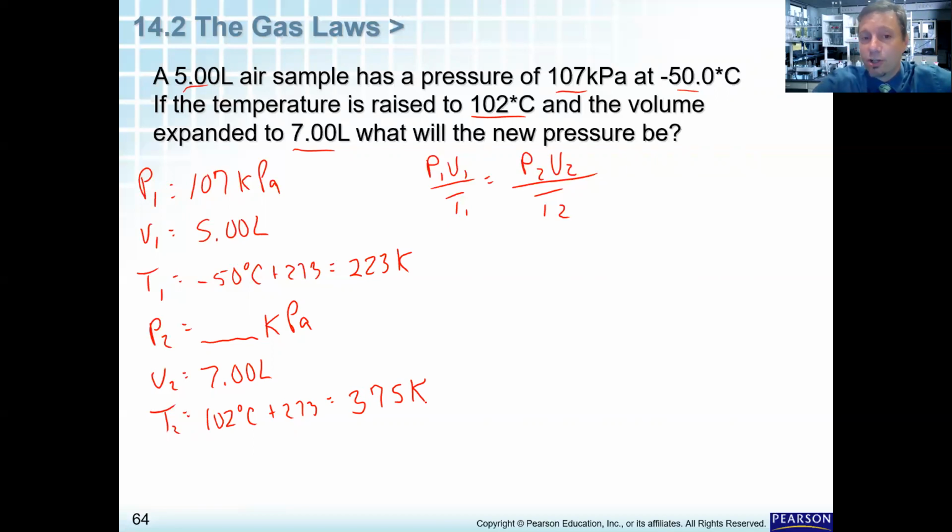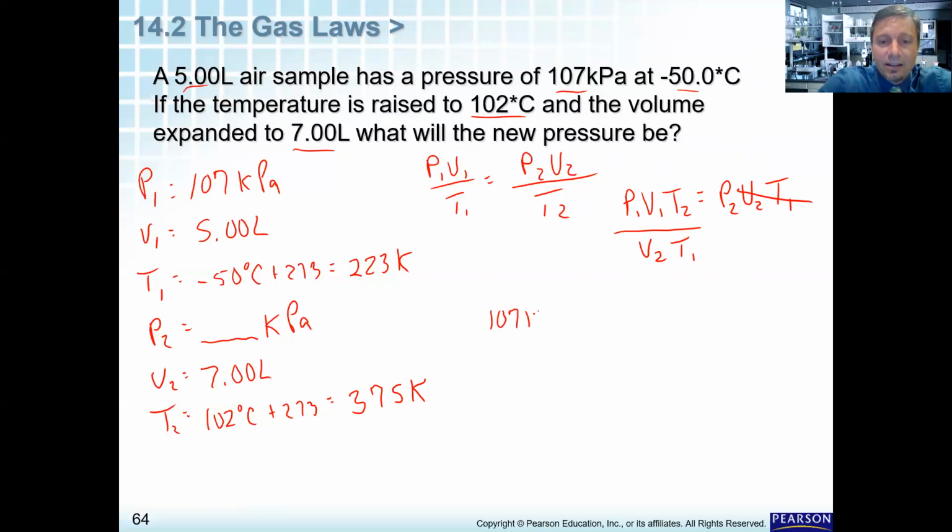So once again, I cross multiply right away. So I go P1 V1 T2 equals P2 V2 T1. I'm solving for P2, so I'm going to get rid of V2 and T1 and cross them off. And now I'm ready to plug in my information. So P1, so I have 107 kilopascals.